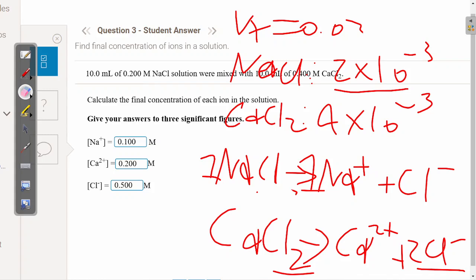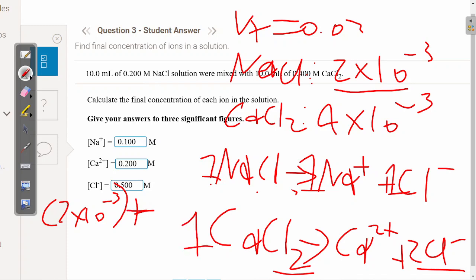Okay, now for Cl, you need to work in both equations, since it's in NaCl and it's also in CaCl2. Let's start with the NaCl. In NaCl, the ratio is 1 to 1, so it will be the same. So 2 times 10 to the negative 3, this is our first number of moles, plus the other one from the other equation. Here the ratio is 1 to 2.